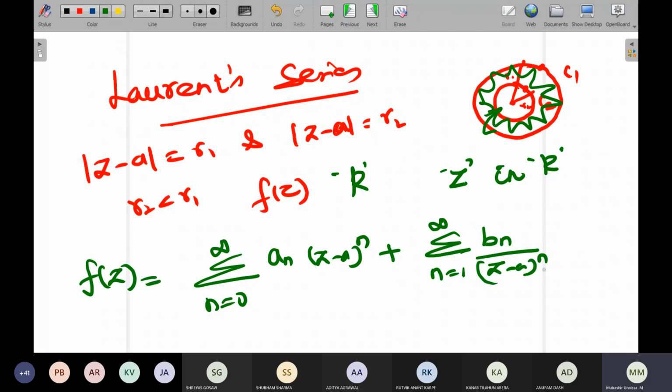Just take down: f of z is equal to summation n equals 0 to infinity a n into z minus a whole power n plus summation n equals 1 to infinity b n divided by z minus a whole power n. See, suppose you remove this term, what will it be?